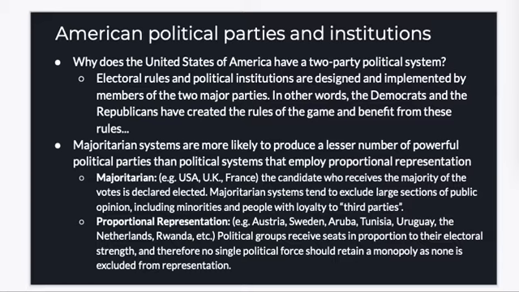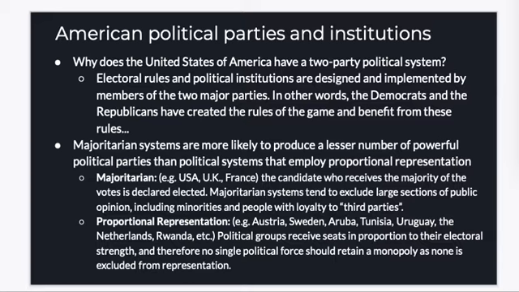But in proportional representation, political groups receive seats, like seats in a legislature, for example. So political groups receive seats in proportion to their electoral strength, and therefore no single political force retains a monopoly on the political system, as none of the parties is excluded from representation.